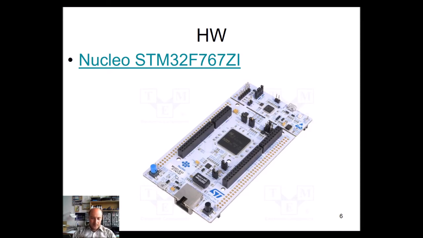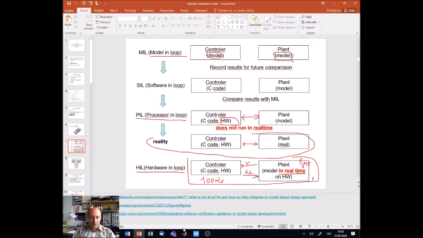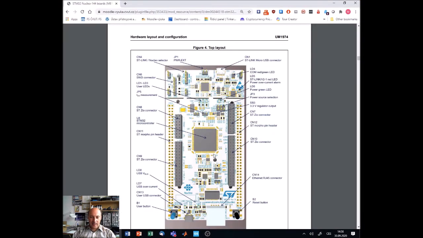Now we have one button. This is this blue button that can be used as a user input, and we will have 3 LEDs, and our very first task will be just to make the LEDs blink, so that we see that the program is actually running.